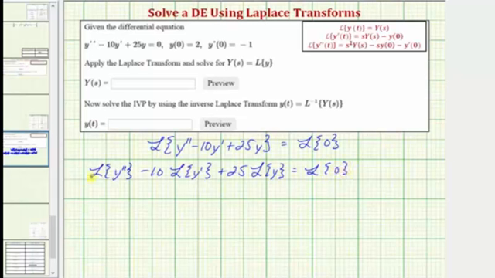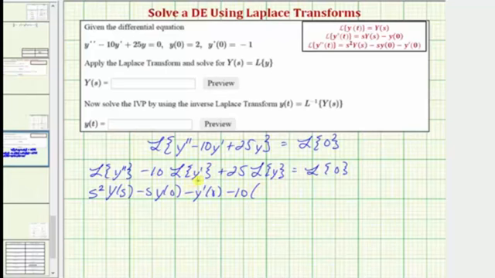And now we know the Laplace transform of y double prime equals s squared times big Y of s minus s times y of 0 minus y prime of 0. Then we have minus 10 times the Laplace transform of y prime, so we'd have minus 10 times the quantity.